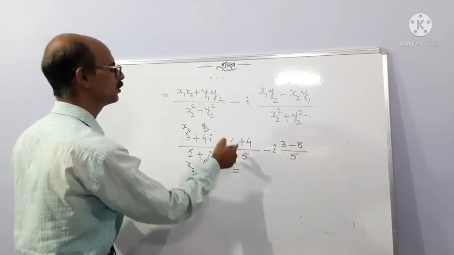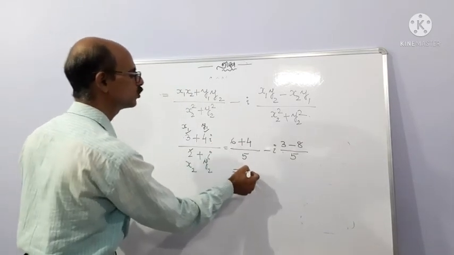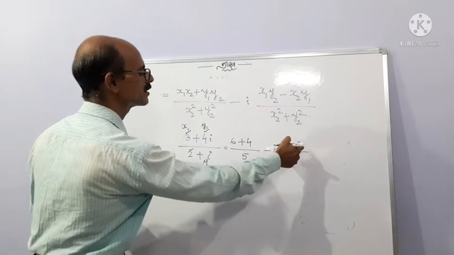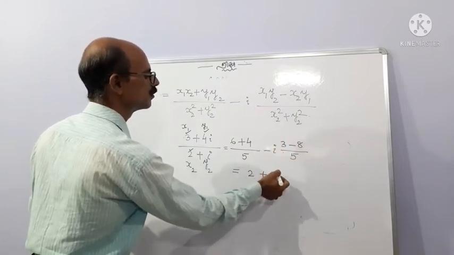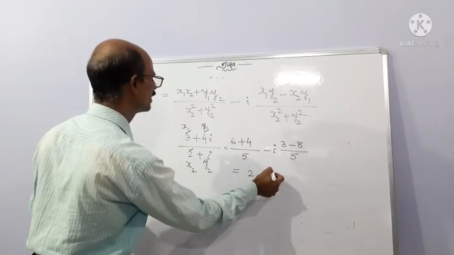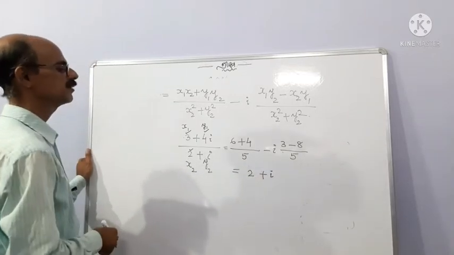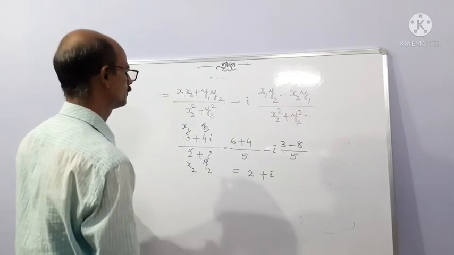So it will be 10 by 5, 2, minus i times (3 minus 8) by 5, minus 5 by 5 is minus 1, so plus 1 and the result is 2 plus i. So the answer is 2 plus i.